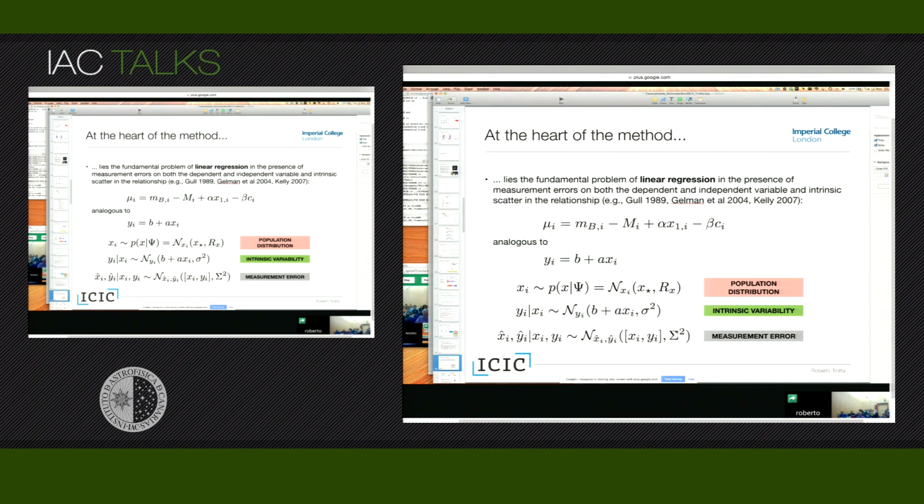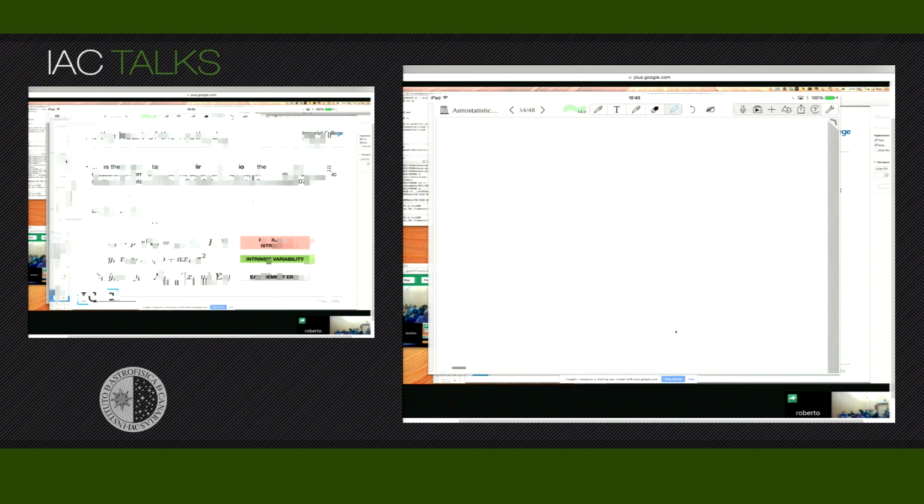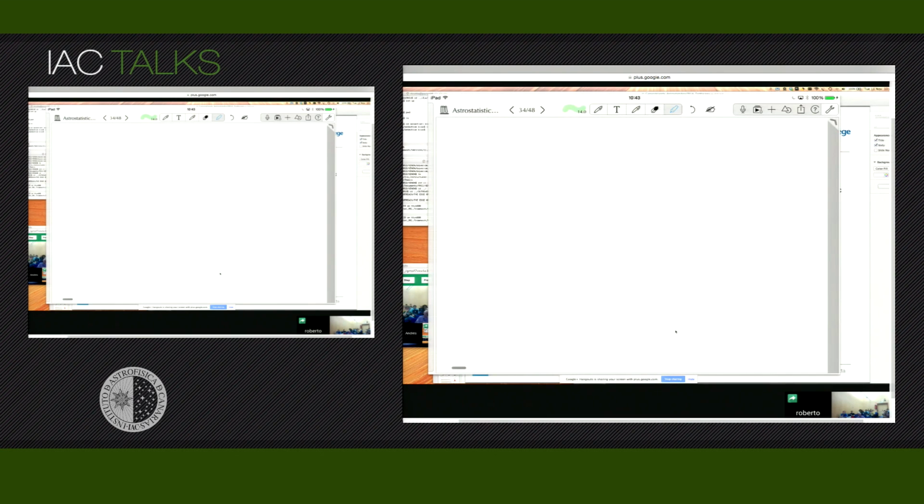Let me sketch it to you again, just to make it very clear, and make contact with stuff that Tom already told you. So here we have our model, our data, x and y. The xi's here are measured.